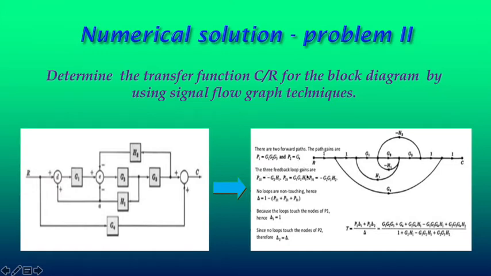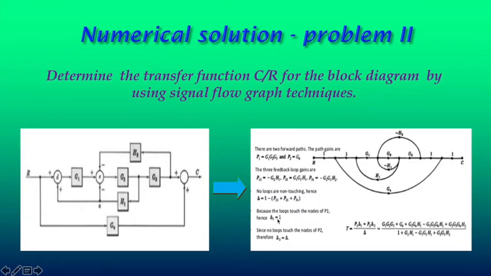Then find the loops. Here one loop is this, the second loop is this, and this is the third loop. Then delta is 1 minus the summation of all individual loops, and there are no two non-touching loops here, so all these other terms are 0.